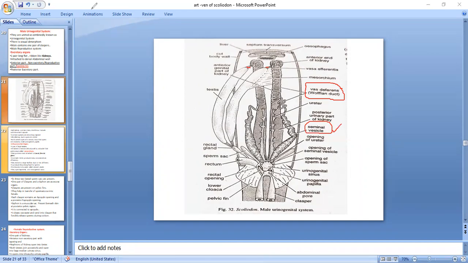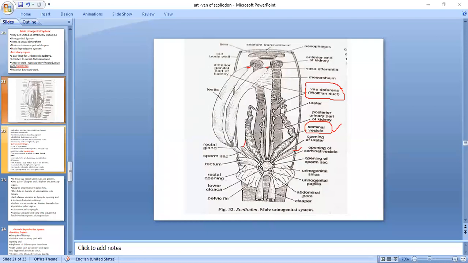The seminal vesicles of both sides open separately into the urinogenital sac or sinus, with the help of the urogenital papillae, which open into the cloaca. One pair of sperm sacs is present on either side of the seminal vesicle.